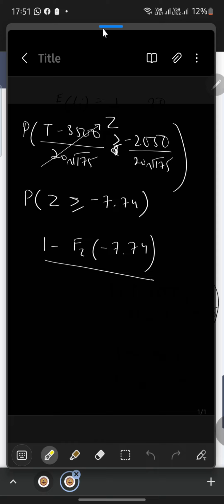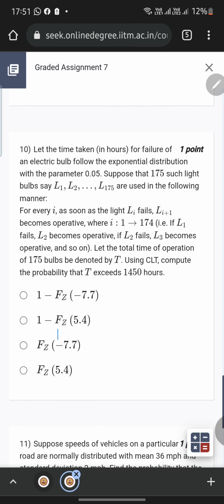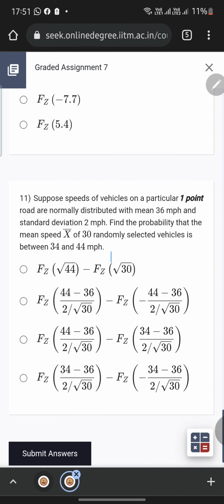Now we already know because it's already in simplified form. So the answer would be option A, 1 minus F of Z of minus 7.7. They neglected the 4 part, but it's okay.